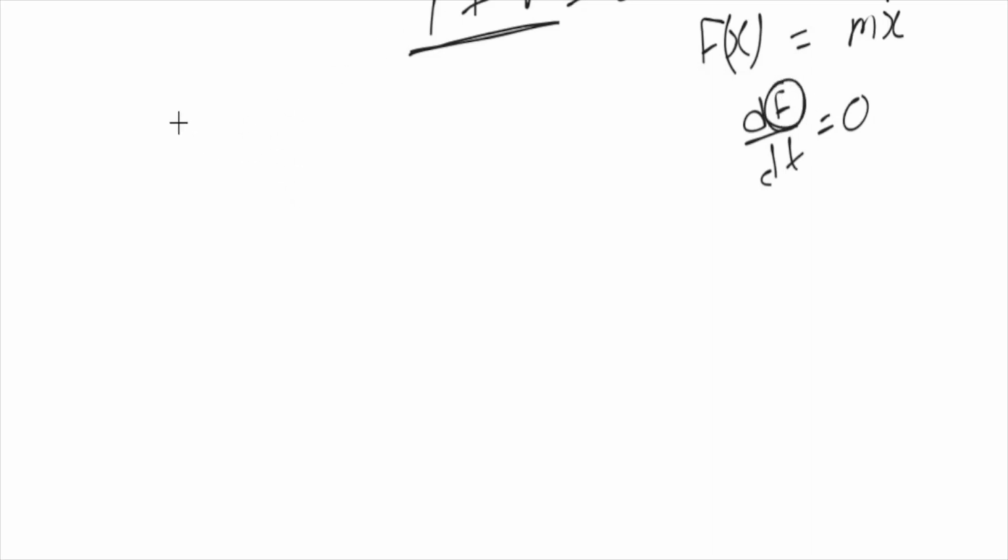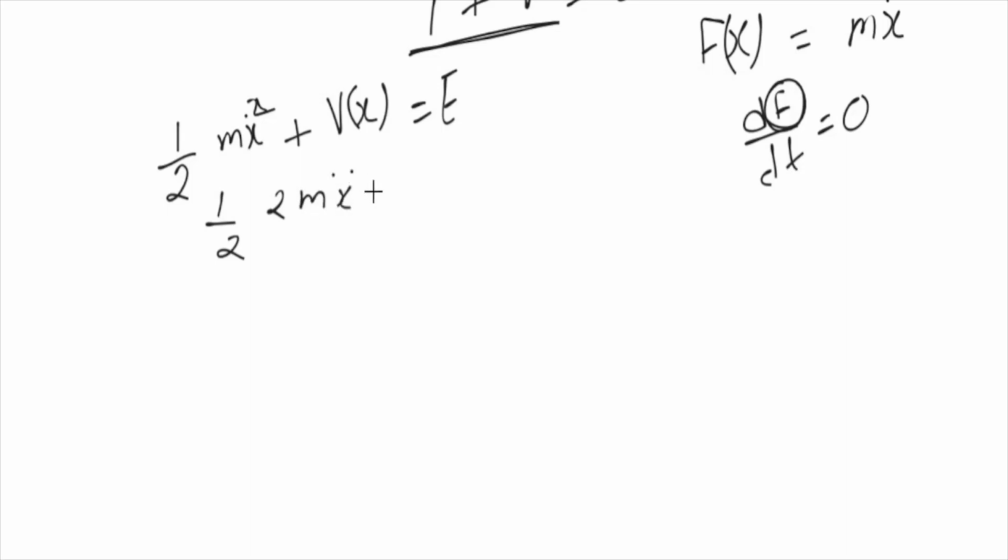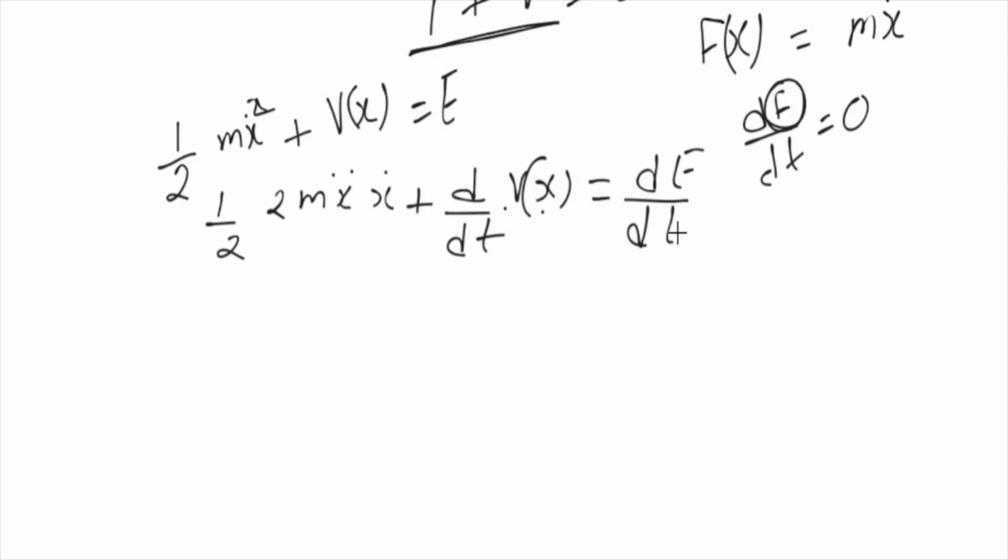Now our total energy is a function of kinetic energy plus potential energy: half m x dot square plus V of x is equal to E. Let's find the derivative of this equation. First derivative, we know it will be half twice m x double dot x dot plus d by dt of V of x, where V is a function of x, equal to dE upon dt.